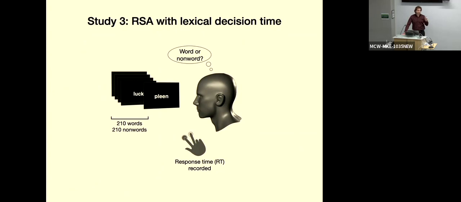A non-word is a sequence of letters that sounds like it could be a real word, like clean, but they don't mean anything. And the participant, if they think it's a real word, they press one button. If they think it's not a real word, they press the other button. That's all they have to do. So they don't even really need to know what the meaning of the word is or to think about the meaning of the word. They just need to recognize whether that's a word that they've seen before or not.